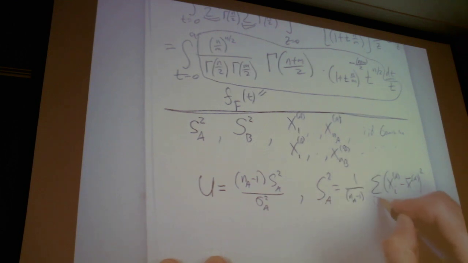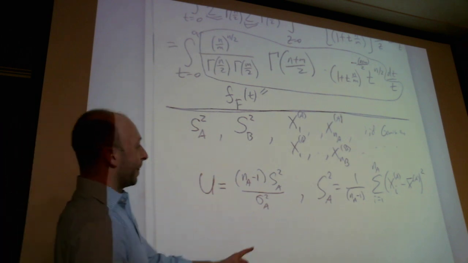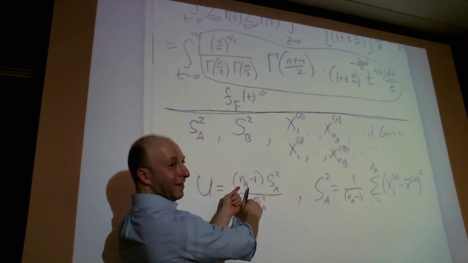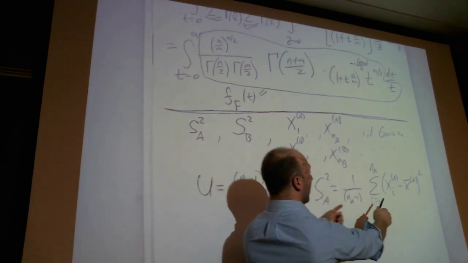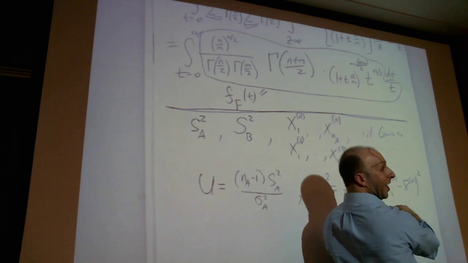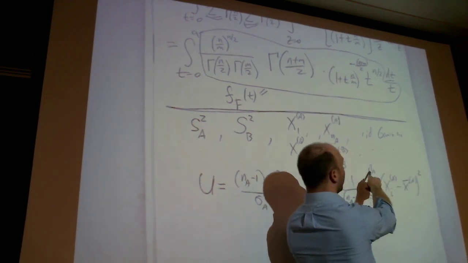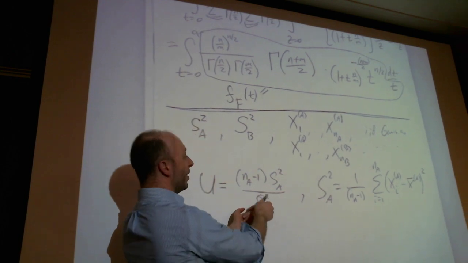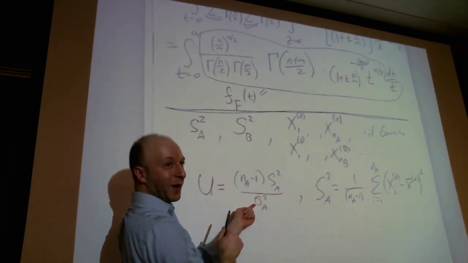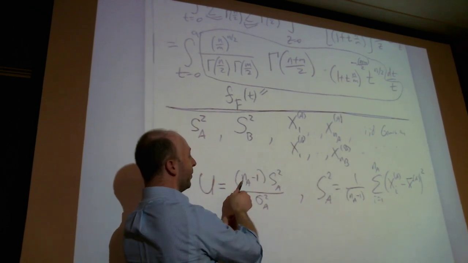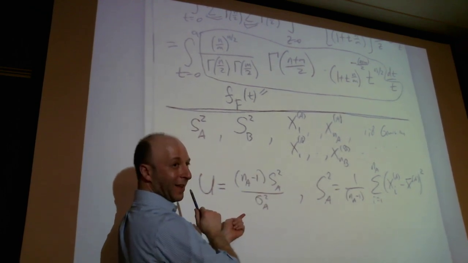This is I goes from 1 to however many measurements there were in A. So I have to multiply by this factor to kill this factor. Now I have a sum of squares of Gaussians, and squares of Gaussians are chi-squared. And there's NA of them minus 1. Except I have to normalize by dividing by sigma squared in the calculation. So this is a chi-squared distribution with NA minus 1 degrees of freedom.